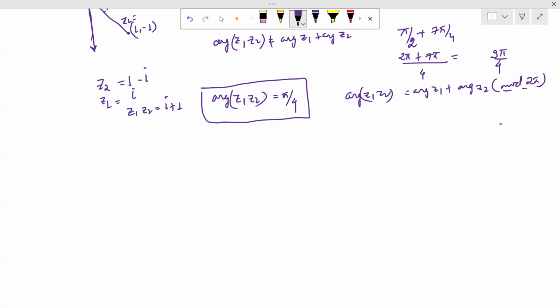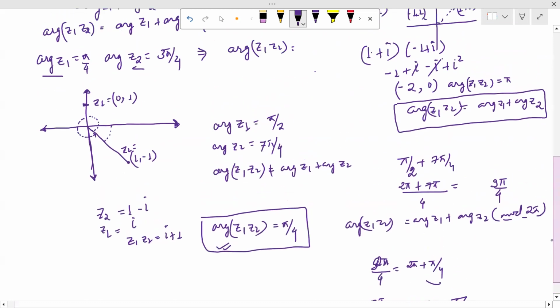What is 9 pi by 4? 9 pi by 4 is equal to 2 pi plus pi by 4. So 9 pi by 4 modulo 2 pi, you'll simply get pi by 4, which is certainly equal to the argument of z1 z2.